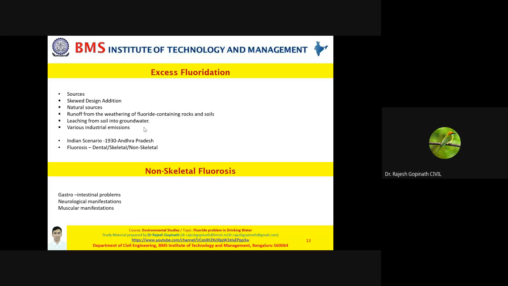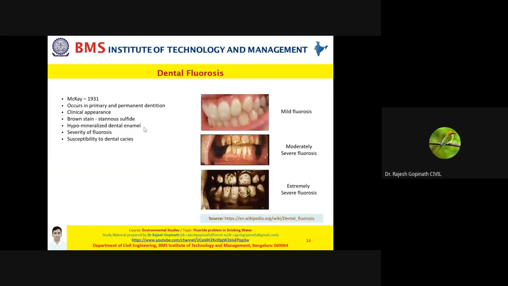Now moving forward, let's try to understand dental fluorosis. Friends, medically, dental fluorosis is the hypoplasia of the dental enamel resulting from the prolonged ingestion of drinking water which contains a very high level of fluoride. And this is manifested by the condition called mottled enamel.